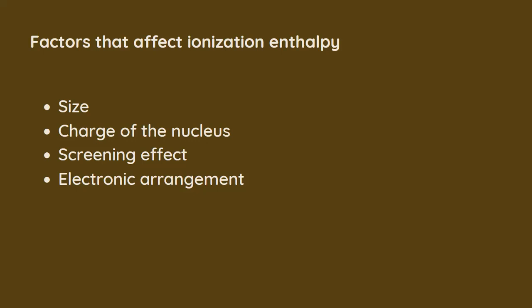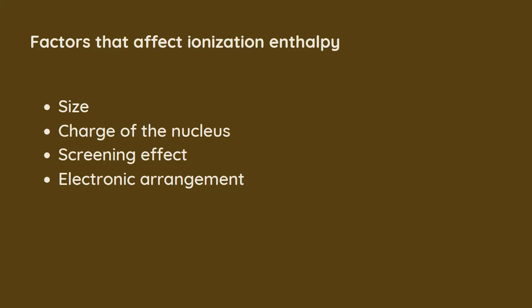Next, the screening effect. Now, the screening effect is shown by certain electrons in the atom. So when there is a screening effect, there will be a decrease in the ionization enthalpy. Basically, screening effect will make sure that the outermost electron will not feel the proper effect of the nucleus. So it is all the more loosely bound. And this is called the shielding or screening effect.